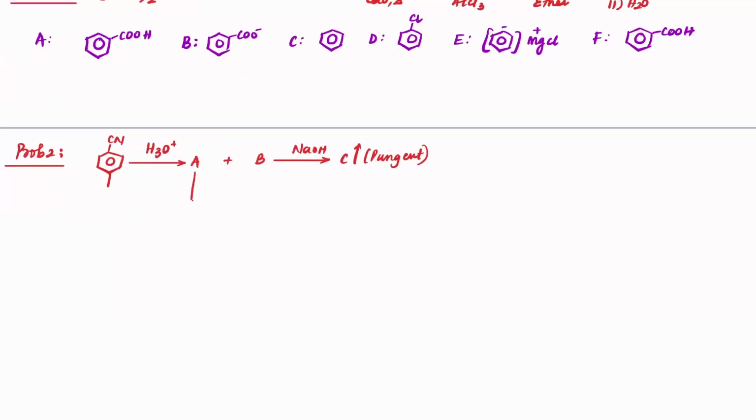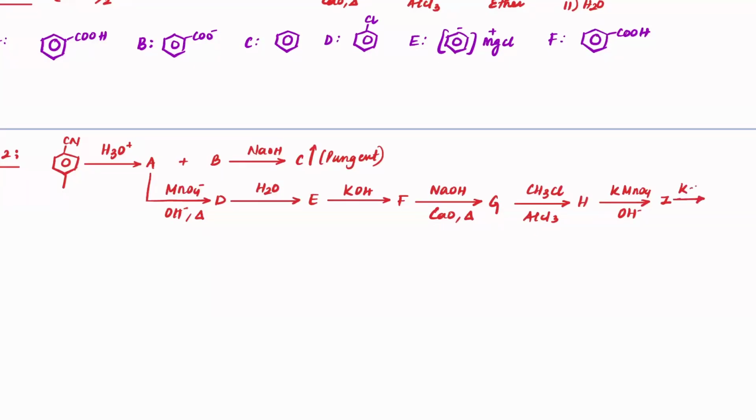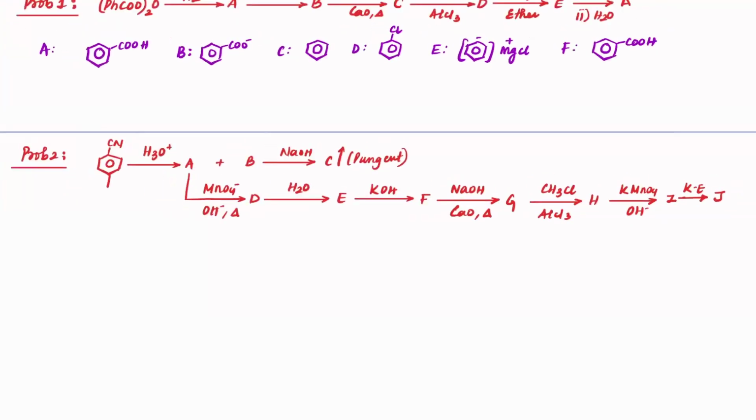Next, A, when you react with MnO4 minus in basic medium and heat, I am getting this as D. This D, when I am hydrolyzing, I'll get this as E, and E, as you react with KOH, I'm getting this as F. F on reaction with NaOH and CaO and heat, you'll get this as G. G on reacting with CH3Cl and AlCl3, we'll get this as H. And H, again if I react with KMnO4 and OH minus, I'll get this as I. And I, with Kolbe's electrolysis, will get J. So I need to find out A to J.